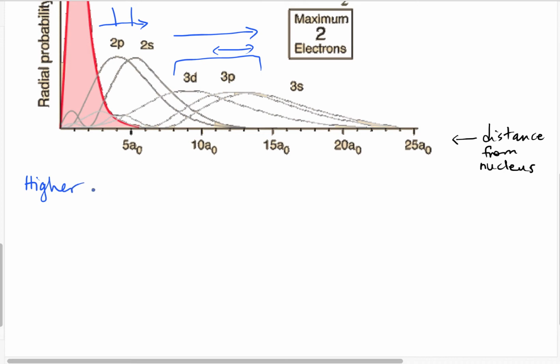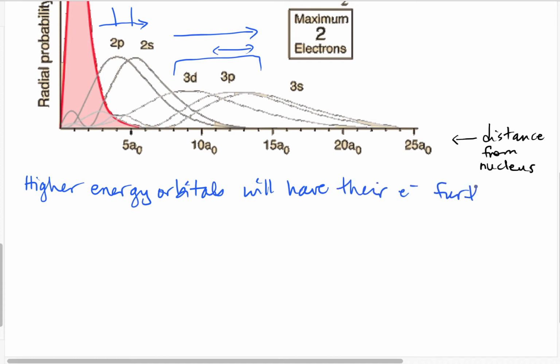Higher energy orbitals will have their electrons further from the nucleus. This means that the atoms will be larger.